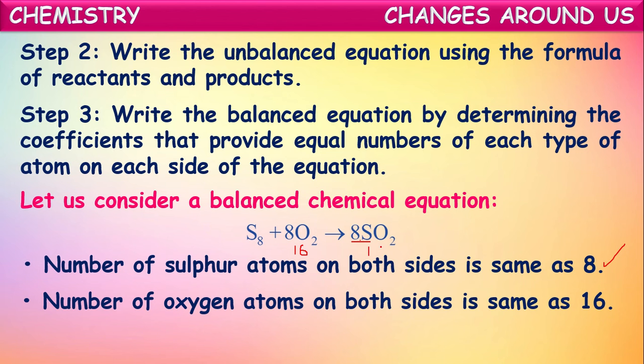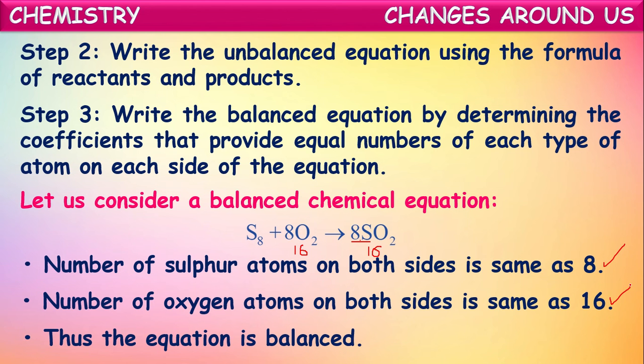So in total, the number of oxygen atoms on the right hand side also is equal to 16. So number of oxygen atoms on both the sides is the same, 16. Now all the atoms on both the sides are equal. Atoms of all the elements present at left and right hand side of the equation are equal. Hence we can say this equation is a balanced chemical equation.